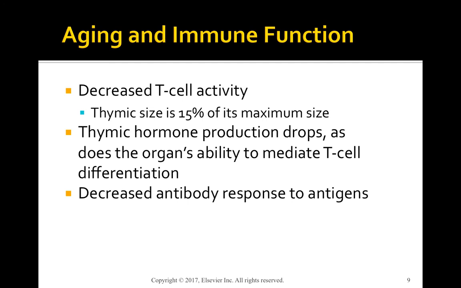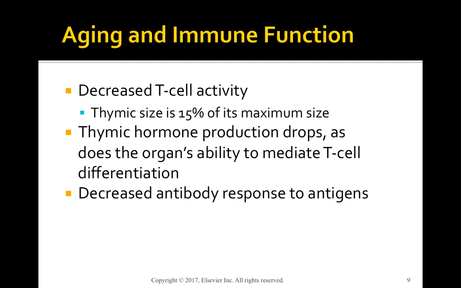We do know that as you age, your immune system function declines. This is basically because you have decreased T cell activity, and that's because your thymus, as you grow old, begins to shrink up to 15% of its maximum size. When your thymus shrinks, it means that you have less hormone production, and that hormone production is directly related to T cell differentiation.